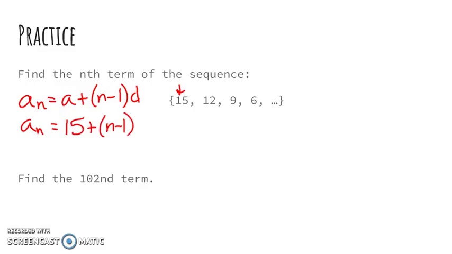They're asking for the nth term, so I don't know what that is. What am I adding to get from 15 to 12? I'm adding a negative 3. What am I adding from 12 to 9? A negative 3. I'm adding from 9 to 6. A negative 3. So my common difference on this one is going to be a negative 3. Do not forget that negative.